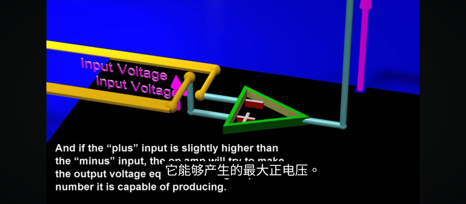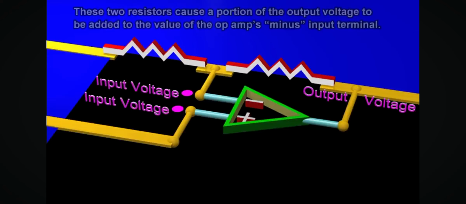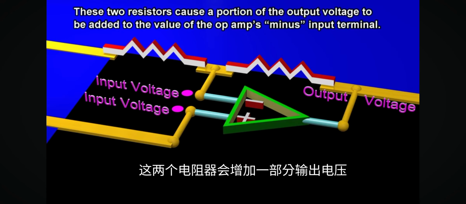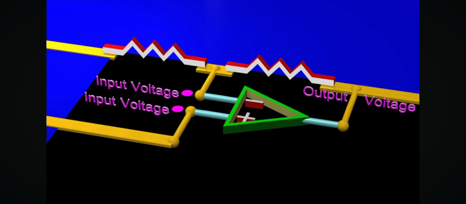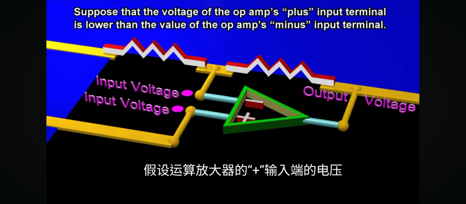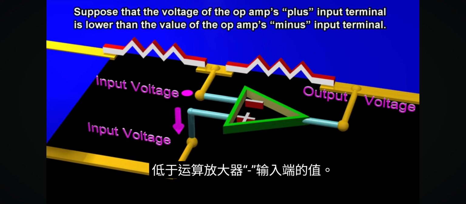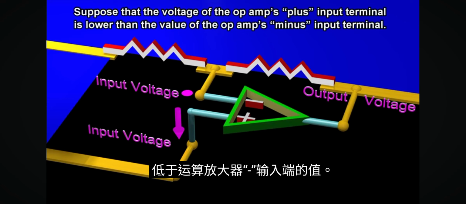Now, suppose we do something that we call providing negative feedback. These 2 resistors cause a portion of the output voltage to be added to the value of the op-amp's minus input terminal. Suppose that the voltage of the op-amp's plus input terminal is lower than the value of the op-amp's minus input terminal.